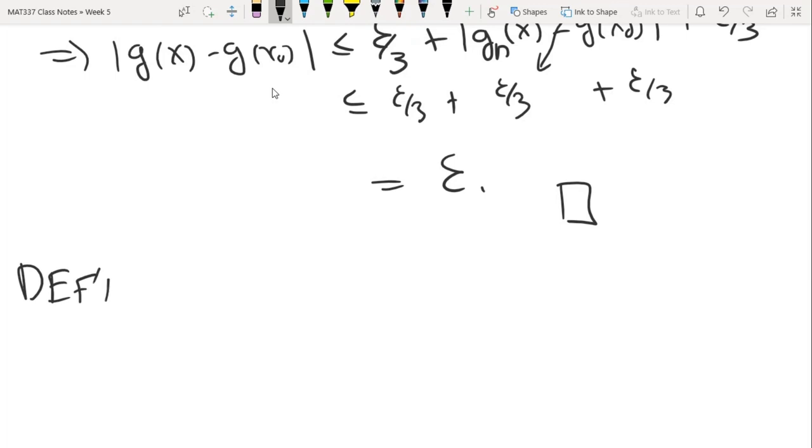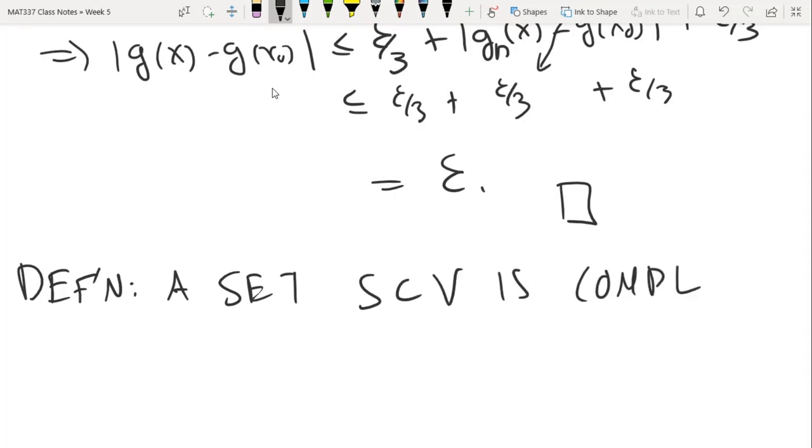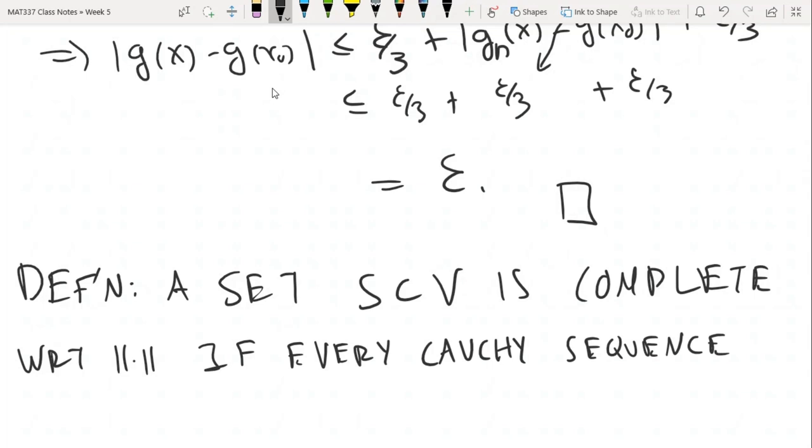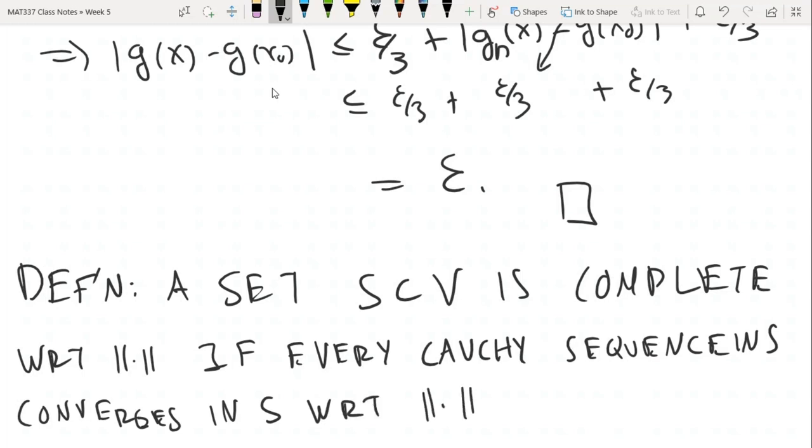Definition: a set S is complete with respect to the norm if every Cauchy sequence in S converges in S with respect to the norm, right?